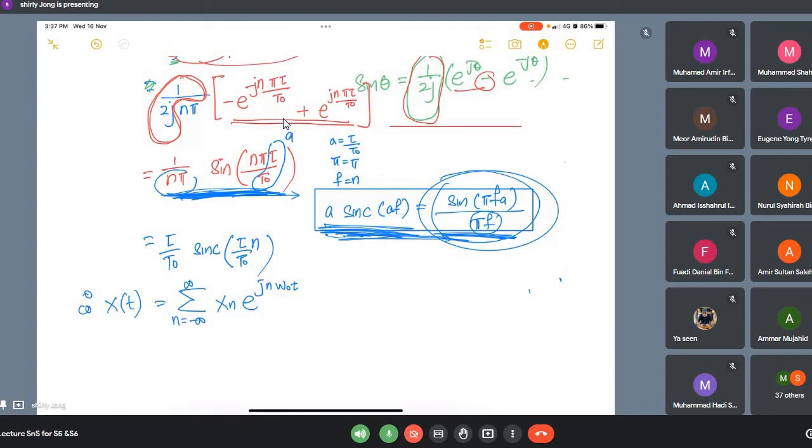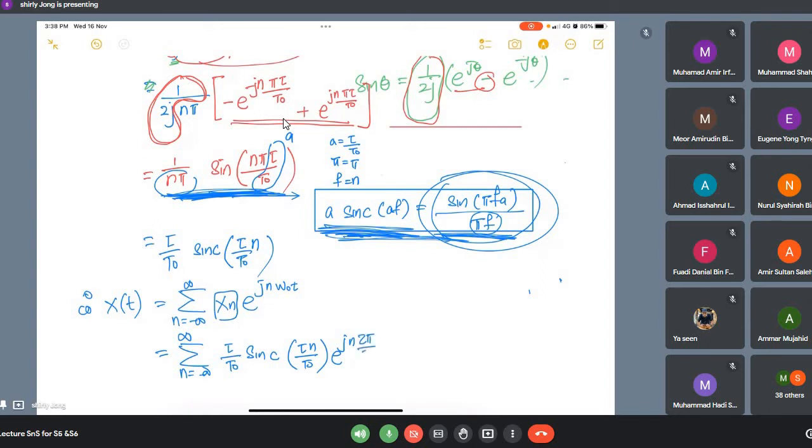So this is the formula of the xt, where you already found the value of xn. So you just substitute in tau over t naught sin tau n over t naught exponent j n omega naught, where you can change omega naught to 2 pi over t naught t. Okay, that's it.